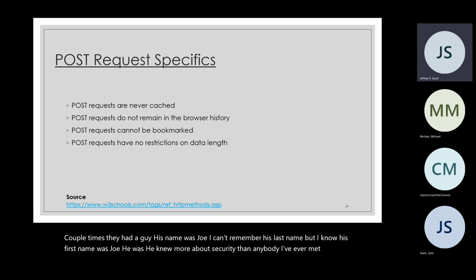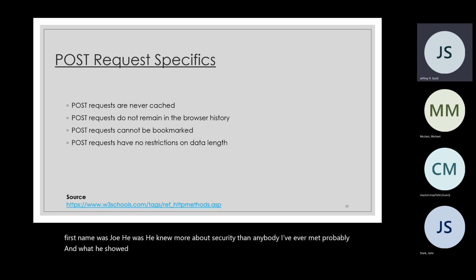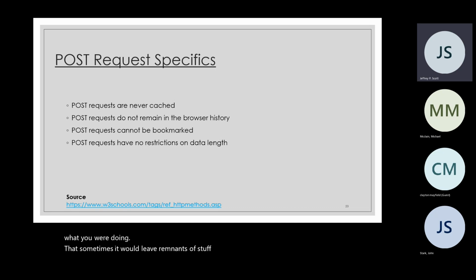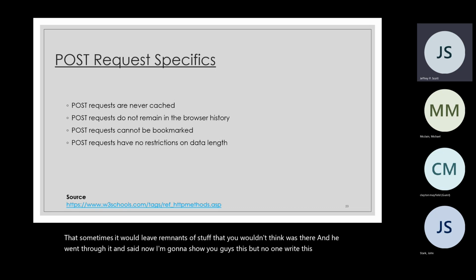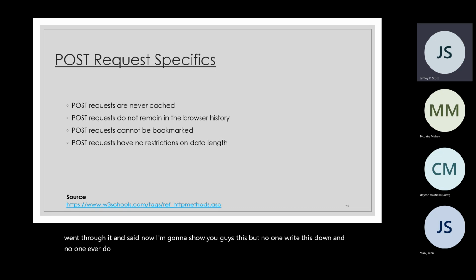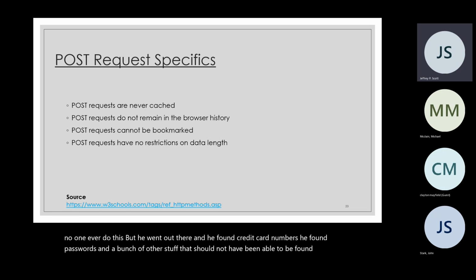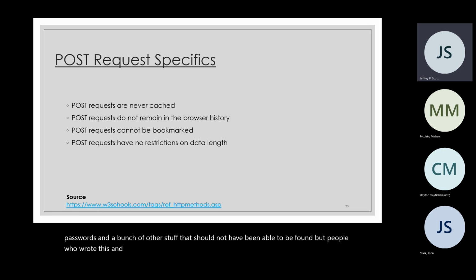What he showed was that by going through some of these requests, if you knew what you were doing, sometimes they would leave remnants of stuff that you wouldn't think was there. He said, now, I'm going to show you guys this, but no one write this down and no one ever do this. But he found credit card numbers, passwords, and a bunch of other stuff that should not have been able to be found. People who wrote this and used post didn't really implement it in the right way.